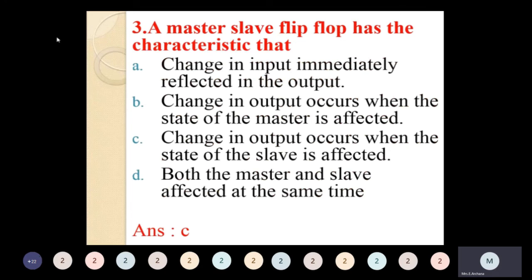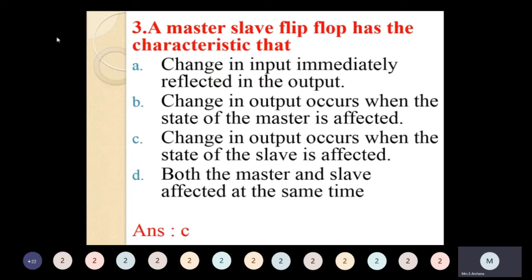A master slave JK flip flop, or a master slave flip flop, has the characteristic that whatever the master tells, the slave acts upon the master's instruction. Let me see what options are available.